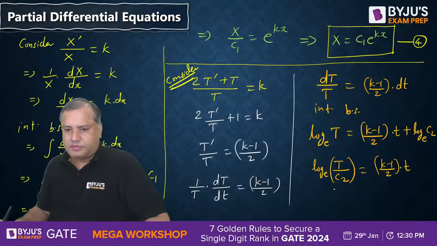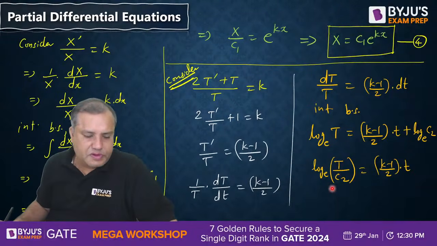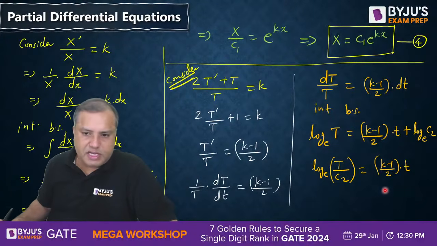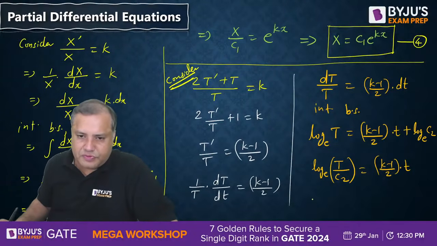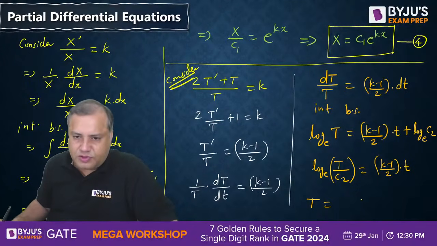Taking anti-log, T by c2 will be e to the power k minus 1 by 2 into t, and this c2 is cross multiplied here.